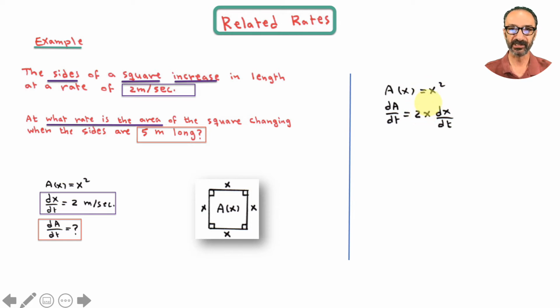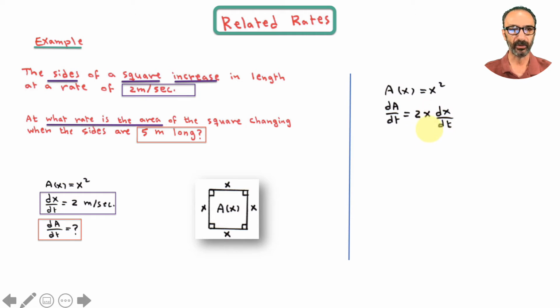But since my main variable is not x, it's hidden inside x actually. x varies with respect to time, as you could see right here, 2 meters per second. So I need to use the chain rule and multiply by dx/dt. All right.